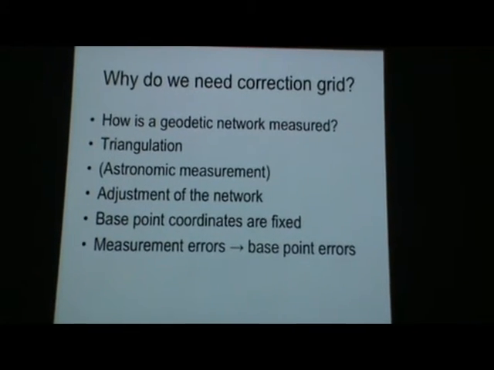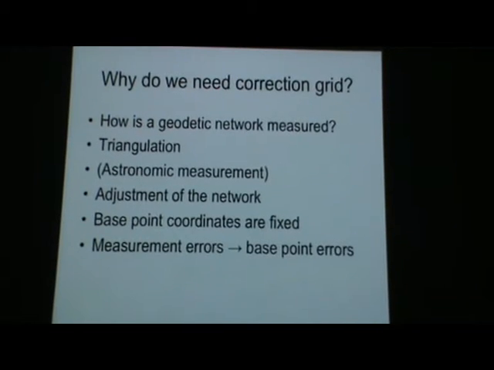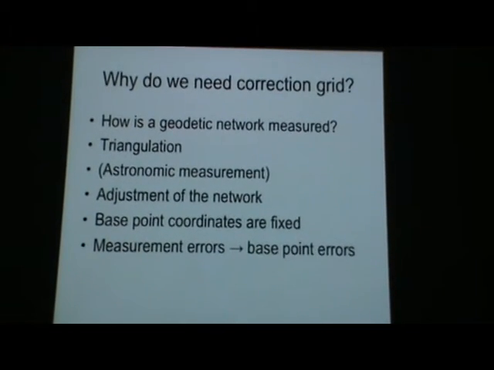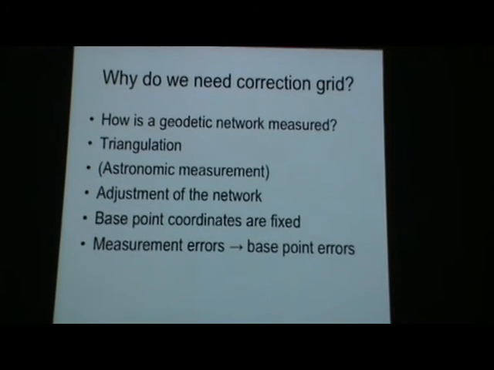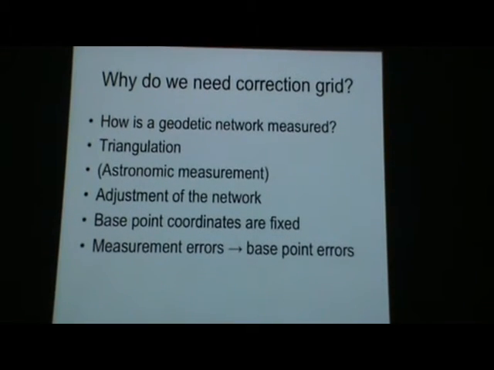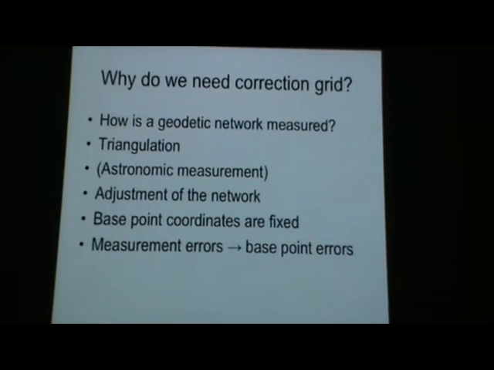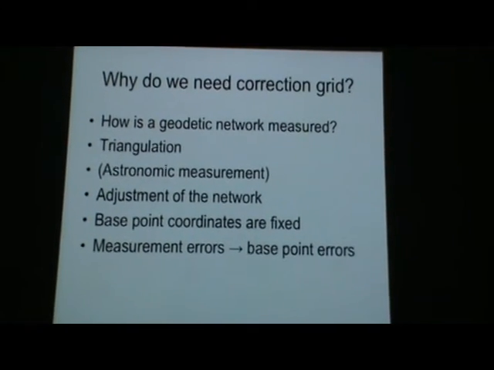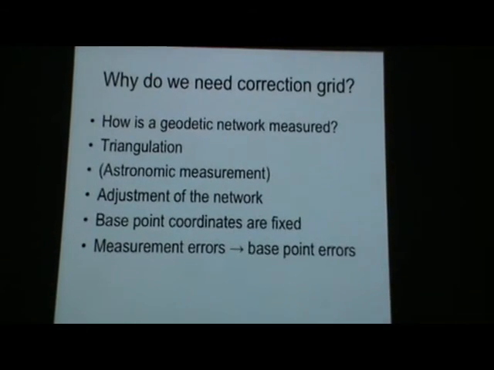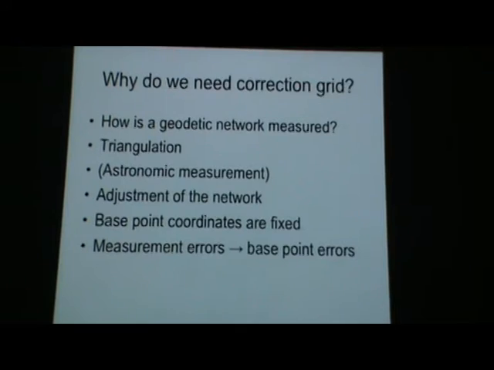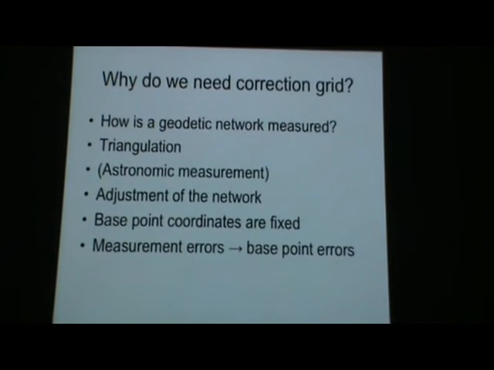When you start measuring a country, you define geodetic base points, you make triangulation between these points and a baseline, so you somehow calculate the distances of these base points. Sometimes they made astronomic measurements on some of these base points and made the adjustment of the network.